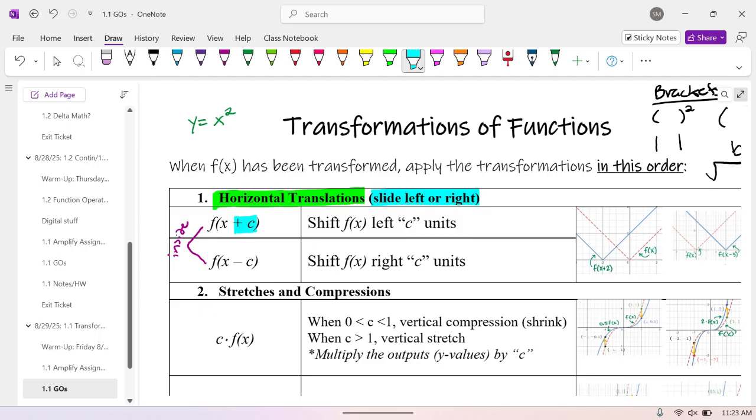If you're adding, that means you are going to the left c units. So, for example, with the quadratic one, let's say that c equaled 2 in this case, all right? I would write this as x plus 2 all squared. Notice how that plus 2 is with the x and the square is on the outside. It's not just connected to the x. If the square is only connected to the x, that's considered outside the brackets, even though there's no parentheses. All right?